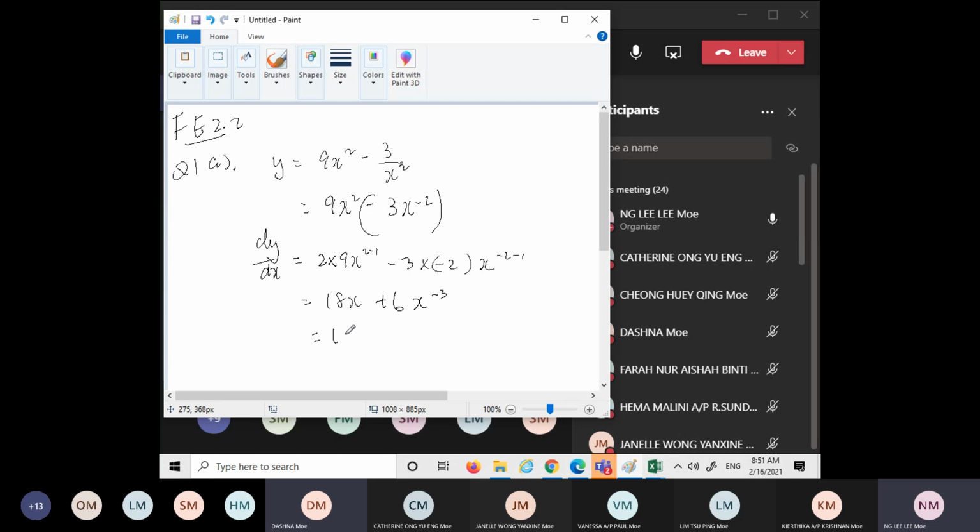You see, if I ask a question, you are able to answer. I think no problem for you to solve your homework. So this power negative 3 at the end, you just change it to become the denominator. So Catherine, Dashna, you are getting 1 mark, 1 mark.